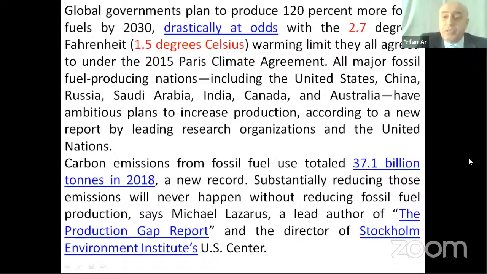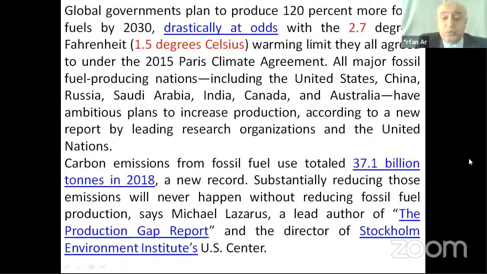All major fossil fuel producing nations, including the United States, China, Russia, Saudi Arabia, India, Canada, and Australia, have ambitious plans to increase production, according to a new report by a leading research organization and the United Nations.